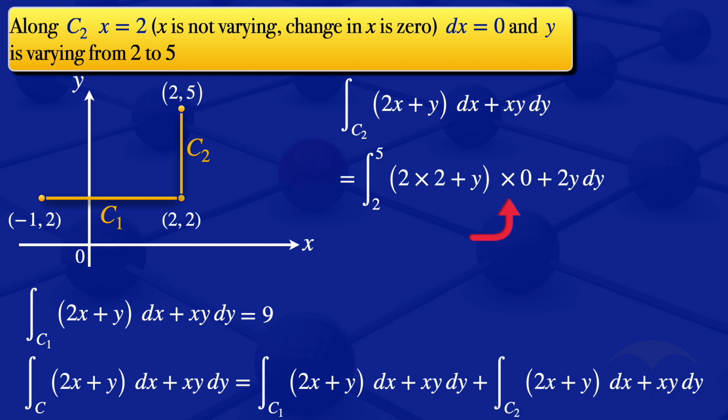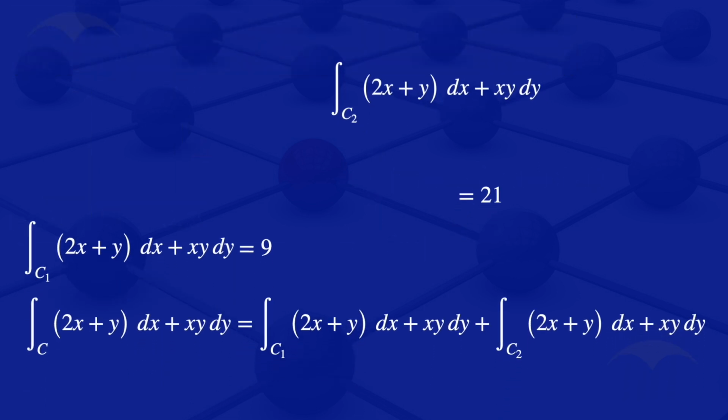The part where we are multiplying by 0 will just be 0, so we remain with the integral from 2 to 5 of 2y dy. The integral of 2y gives us y squared, so y squared, then put in the limits 2 to 5. The result we get is 21. So the integral along the curve C2 is 21.